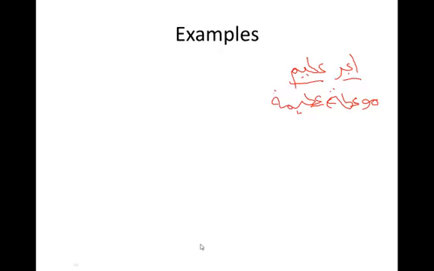Now also matching singular and plural. Quran Arabi. I'm just copying examples from the book. Quran, Arabi. Arabic Quran. But you have to say ayatin bayyinat, it comes in the Quran.